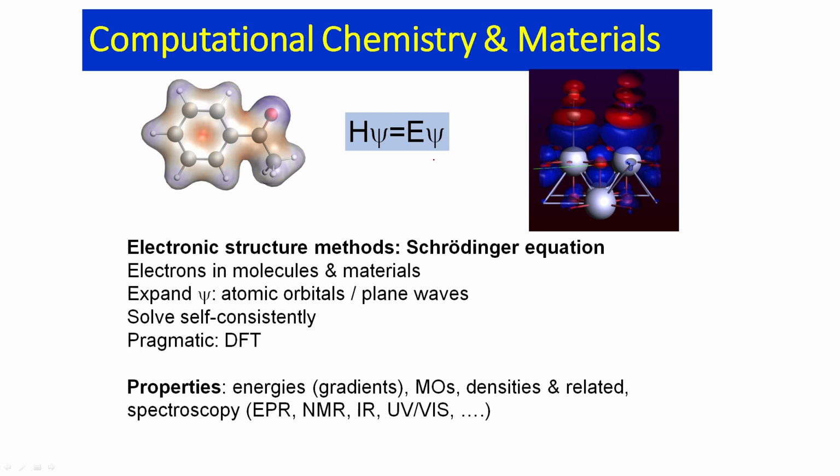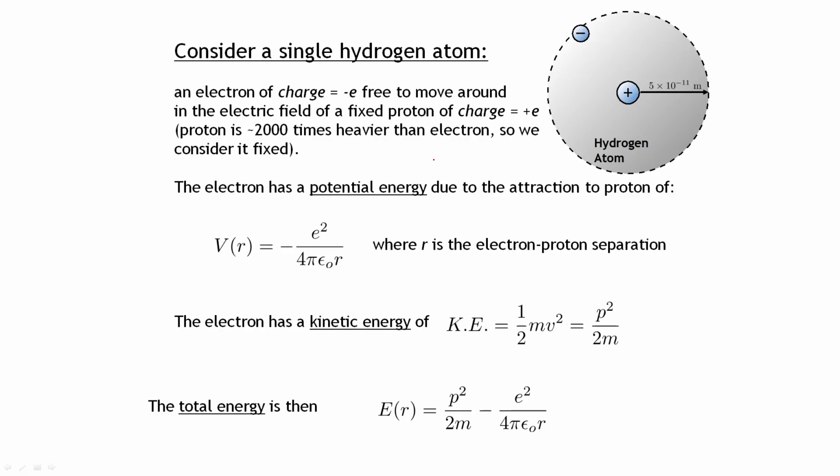Consider a single hydrogen atom. It is possible to calculate the potential energy very easily, and we can also calculate the kinetic energy. So, total energy is equal to this. Now H psi equal to E psi can easily be solved, and from psi we can find out the electron distribution. The probability of the electron depends on the absolute value of psi square.